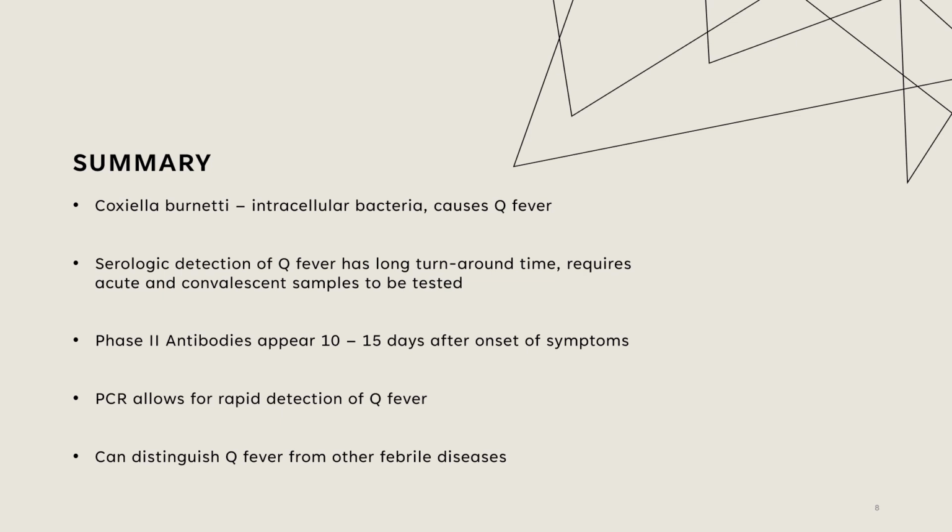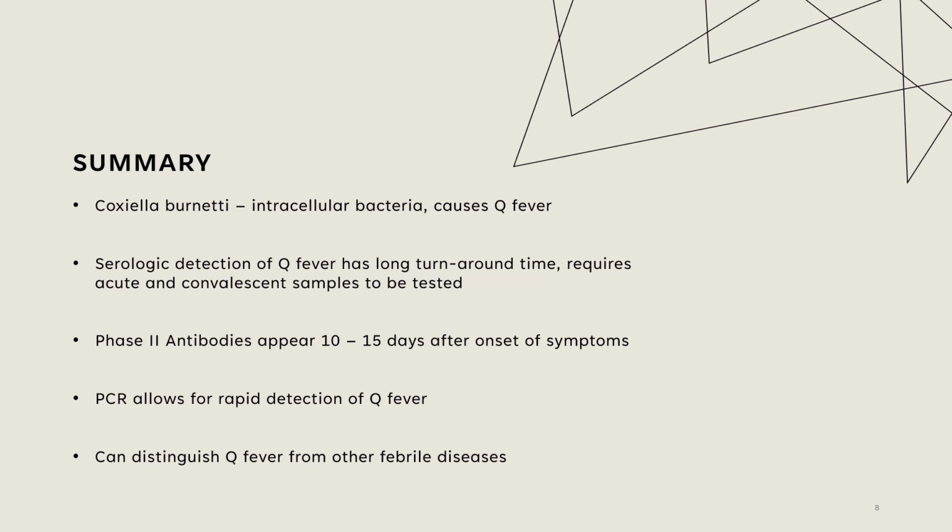To summarize, Coxiella burnetii is an intracellular bacterium that causes the disease Q fever. The serologic detection of Q fever has a long turnaround time, and it requires an acute and a convalescent sample to be tested. The phase 2 antibodies, that are the acute stage of the disease, can appear 10 to 15 days after the onset of symptoms, which means that any treatment will be delayed.